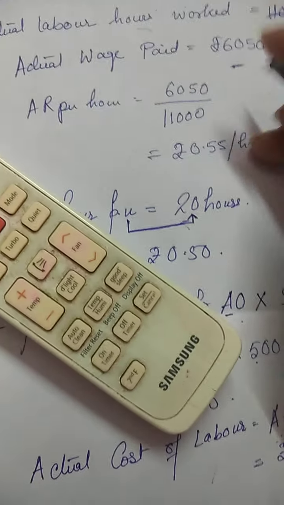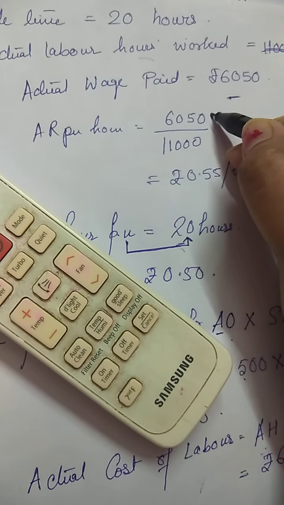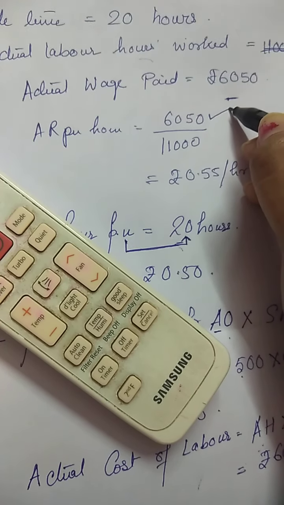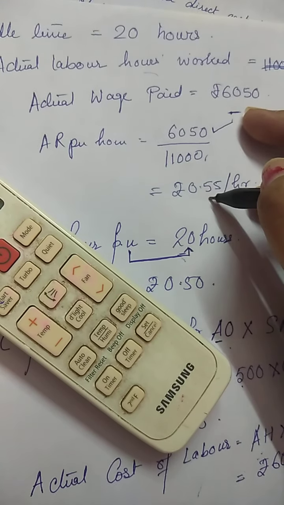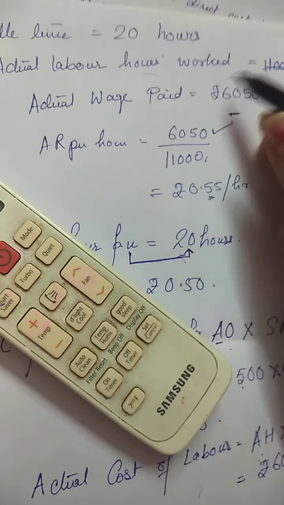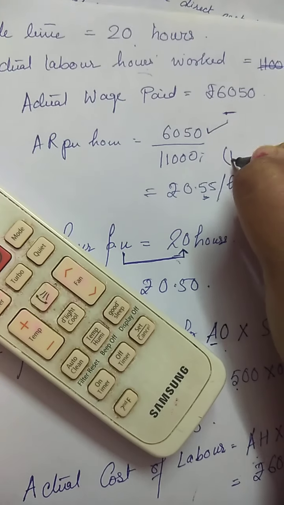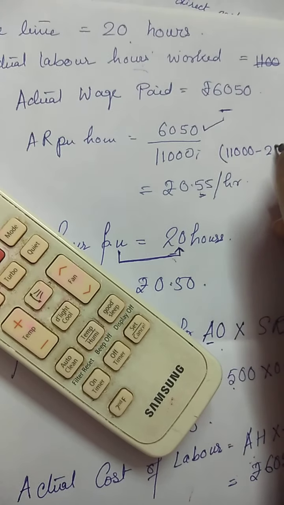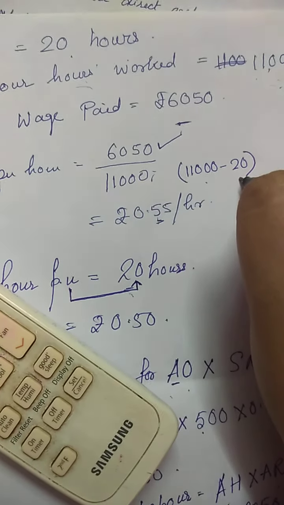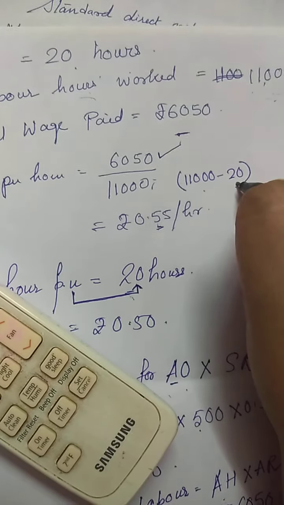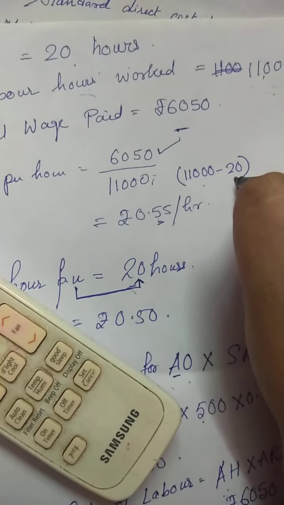Since actual rate was not given, we found out the actual rate. That means labor is taking away wages amounting to rupees 6050 by working 11,000 hours. So actual rate per hour is 55 paise. You may ask, ma'am, why aren't we eliminating 20 hours? Why aren't we writing 11,000 minus 20 hours? We are not doing so because labors get paid for the idle time as well.